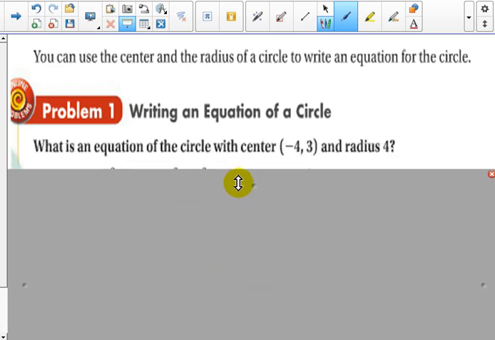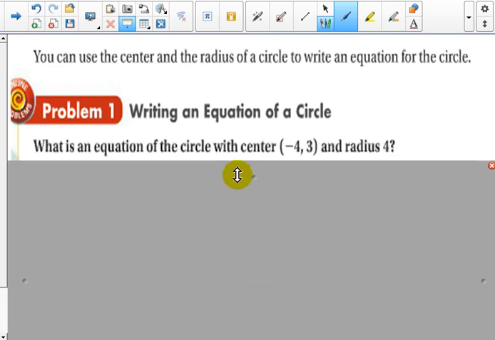So writing the equation of a circle, we can use the center and the radius of a circle to write an equation for a circle. So problem 1 asks us, what is an equation of the circle with center at -4, 3, and a radius of 4? So there's our h, there's our k, and there's our r.